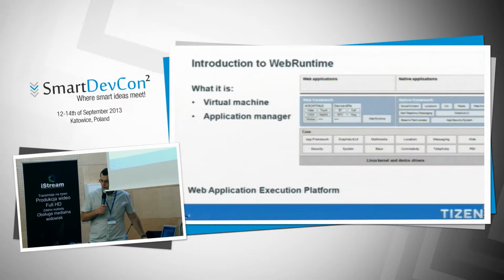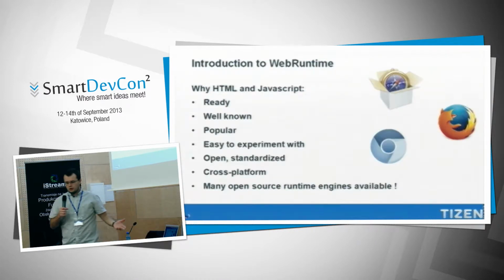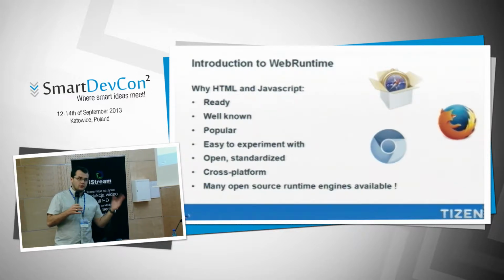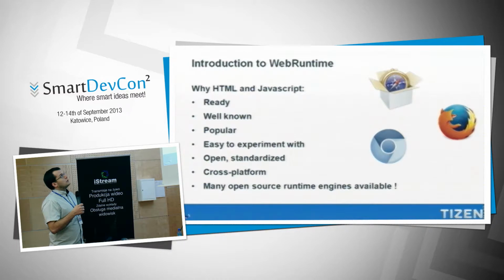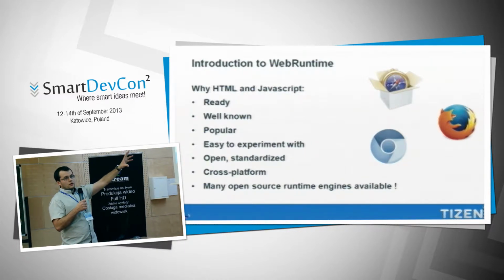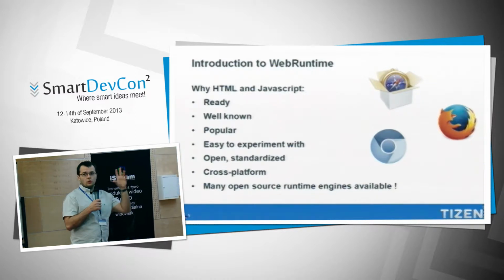A frequent question I get asked when talking about web runtimes is why do we use JavaScript and HTML? It's so slow, it's so bad, and so on. These are the reasons that I think are important. First of all, HTML and JavaScript are ready and well known.